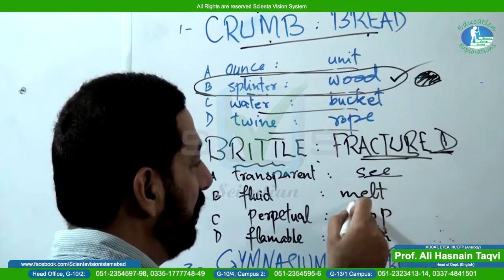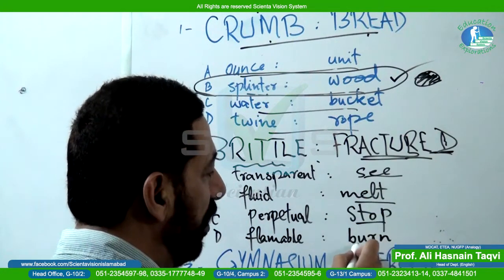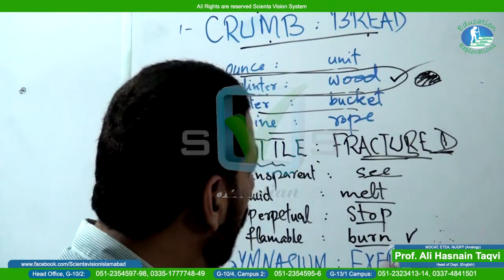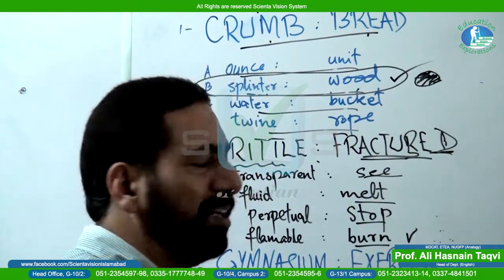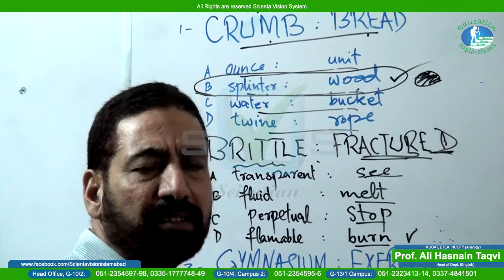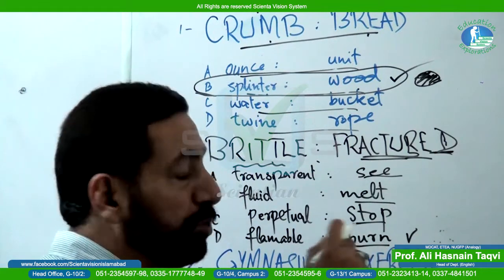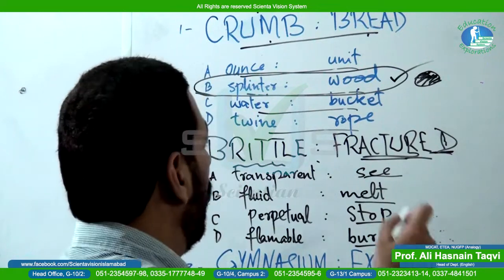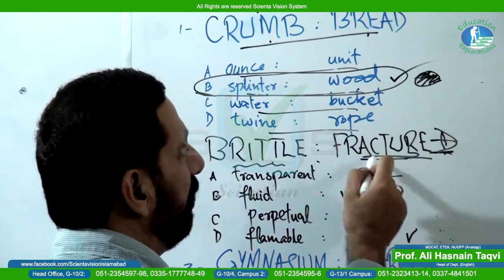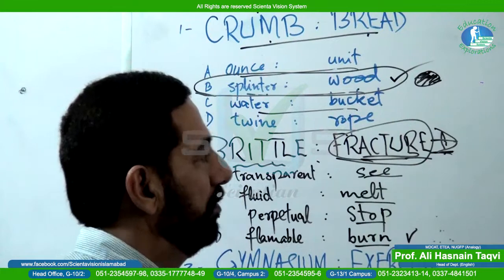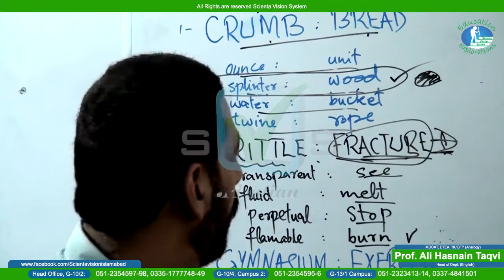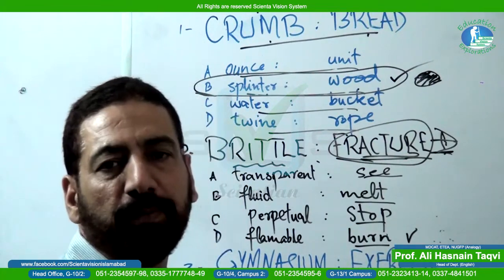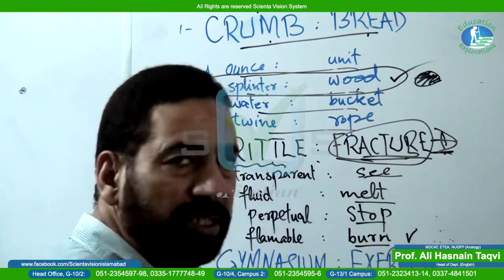Like see, seen; melt, melted; stop, stopped; burn, burnt. All are verbs, so no problem. That means our confusion is not enhanced by the examiner. He could at times give you a noun here and that could seem very likely. Fracture itself was a naming word. So here you have all verbs. That is the problem. So your sentence should sort out these niceties.